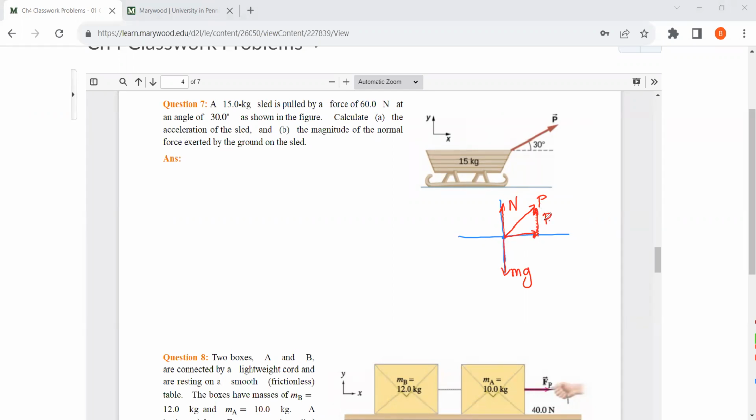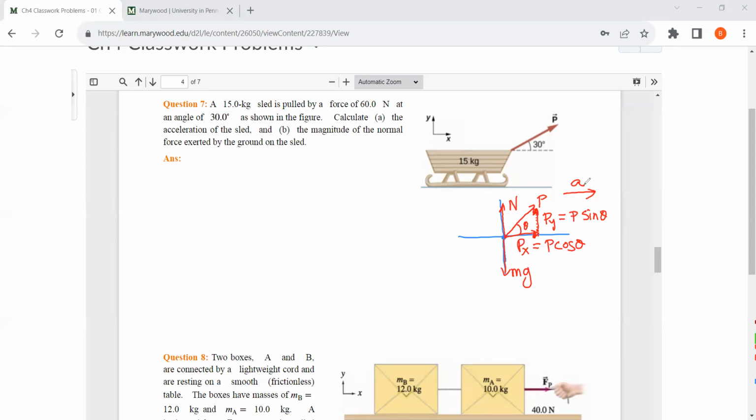This is Py and this is Px. If this is theta, Py will be P sine theta, because this is opposite of theta, and Px will be P cosine theta, because this is adjacent of theta. If there is acceleration, the acceleration will be in this direction. There will be no acceleration along the y direction. So this is basically the free body diagram.